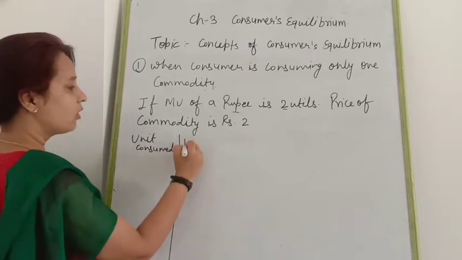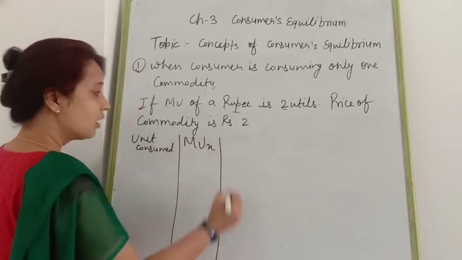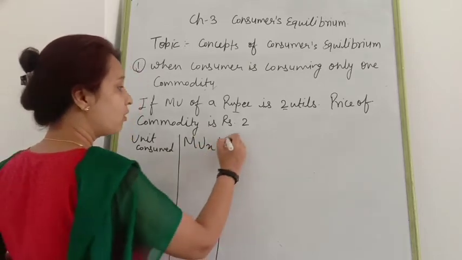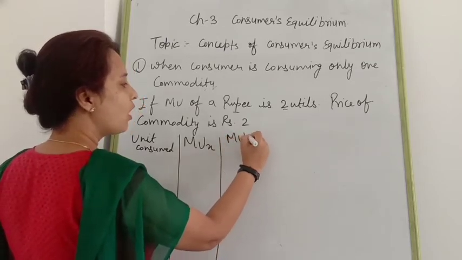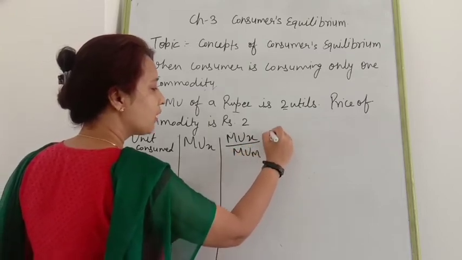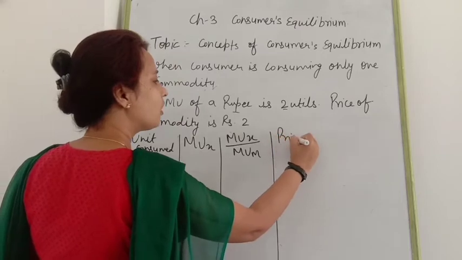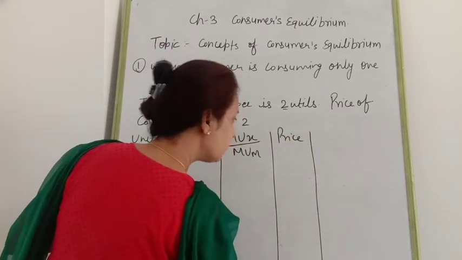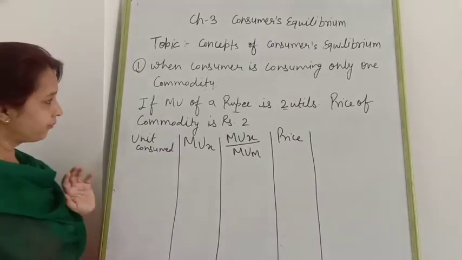Second, we are going to take MUX, it means the satisfaction. Third column which we are going to take is MUX divided by MUM. Clear? And the fourth column we are going to take is prices, and the fifth column we are going to find out is surplus.